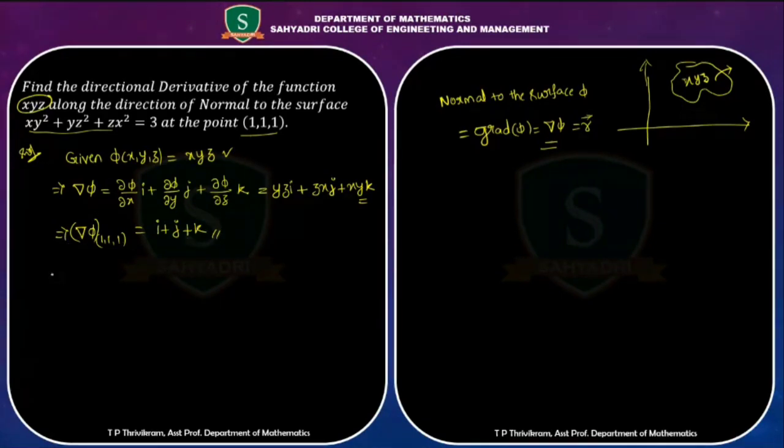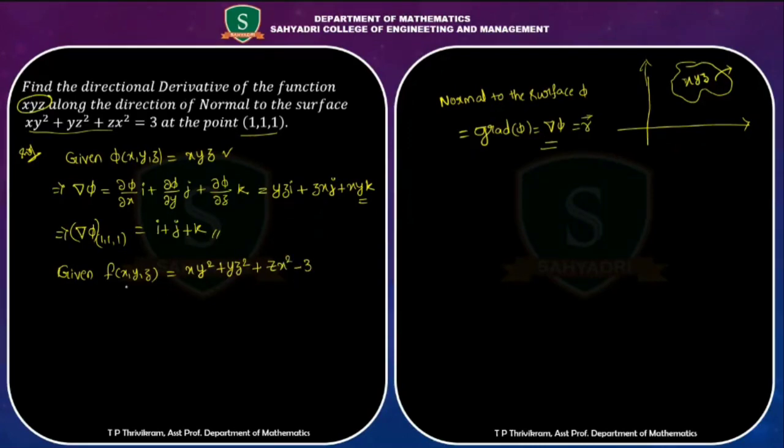Okay. Now given f of x, y, z, okay, is equal to what they have given, x y square plus y z square plus z x square minus 3.